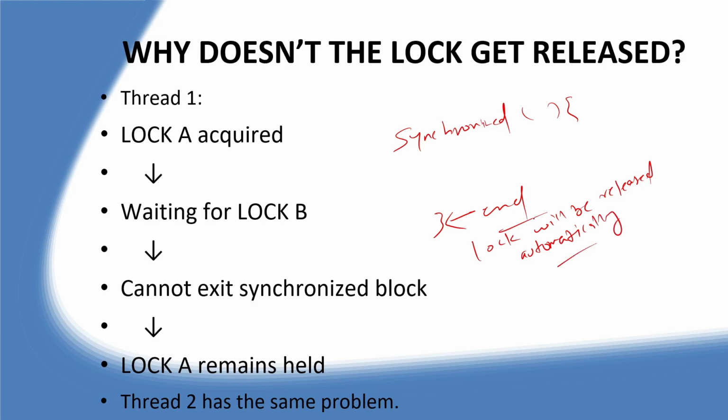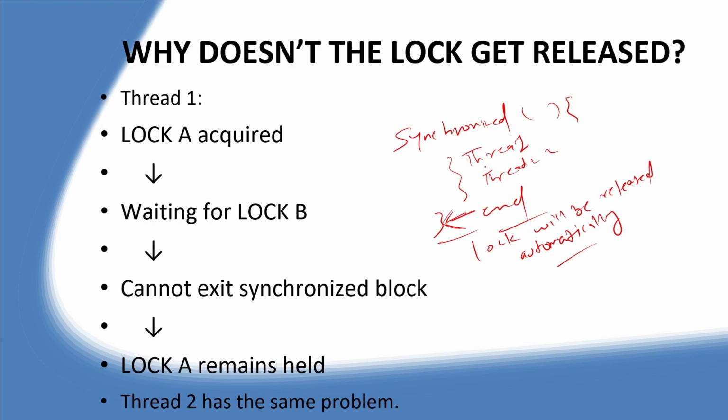But what are we doing? Thread 1 cannot reach the end of the synchronized block. Why? Because in between this code, thread 1 is waiting for thread 2 to finish. So it is never reaching the end of the block.